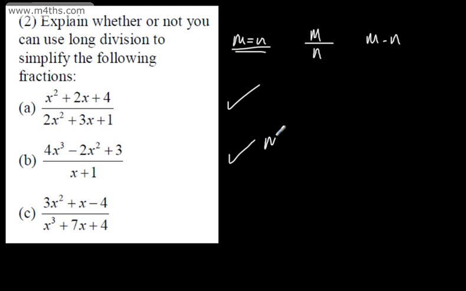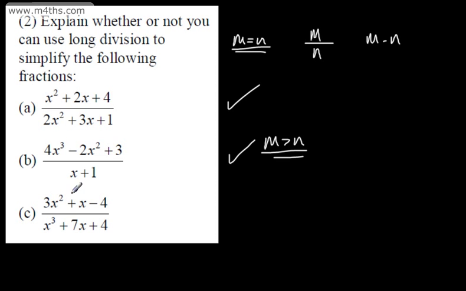Here, m is greater than n, so yes, you can. And if we divided these now, we would get a squared term, as it would be 3 minus 1. You don't need to know that as such, but you certainly do need to understand that with this proper fraction, we're going to end up being able to divide it.